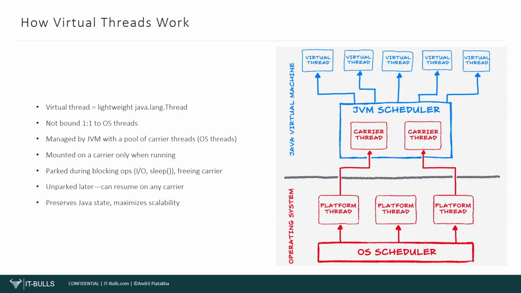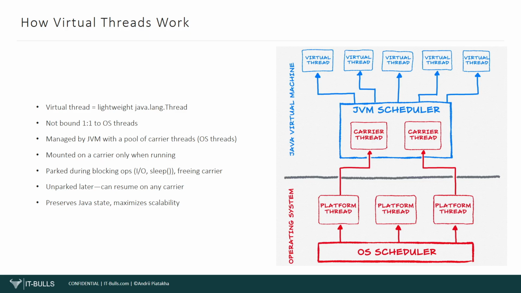Instead, it's managed by the Java virtual machine itself, in coordination with a small pool of so-called carrier threads. You can think of carrier threads as actual platform threads, the real threads provided by the operating system. Virtual threads are mounted on these carriers only when they are actively running, and they are dismounted when they are waiting, for example during a blocking I/O operation or a sleep call.